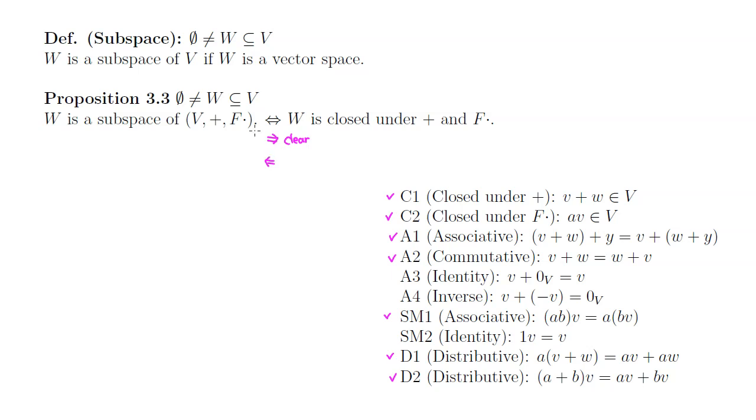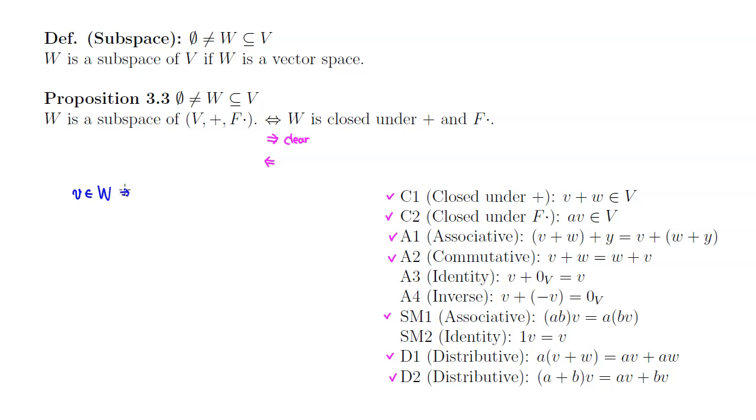So how do you know that there's going to be an identity? The identity is the zero, the additive identity. What you can do is take any vector V from W. Since W is non-empty, we should be able to find at least one.